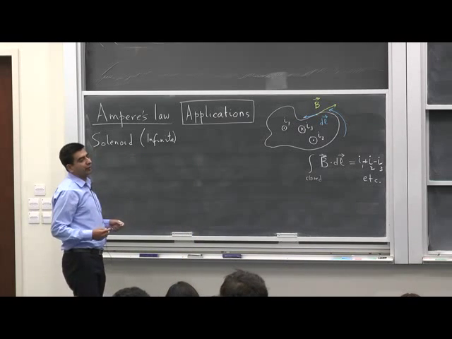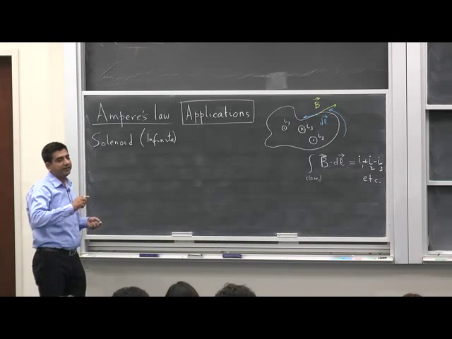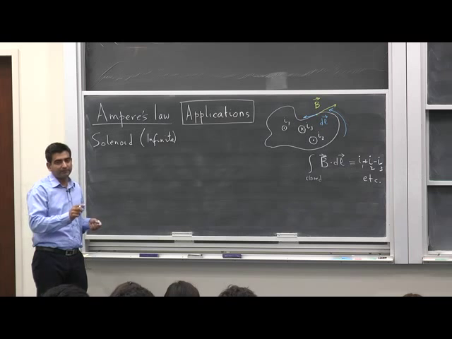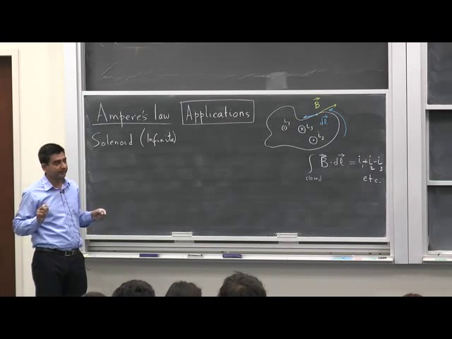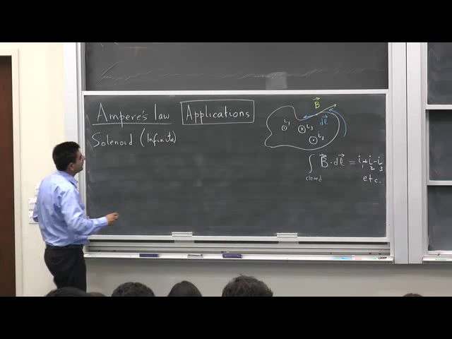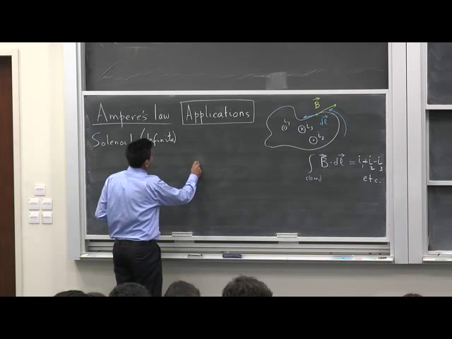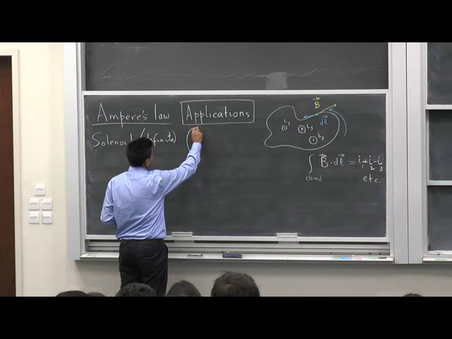Now, what is a solenoid? A solenoid is basically a coil of wire, and I assume it's infinitely long and it's really thin. So if I were to draw this coil of wire in 3D, it would look something like this.